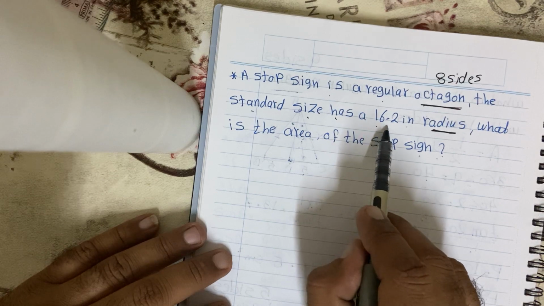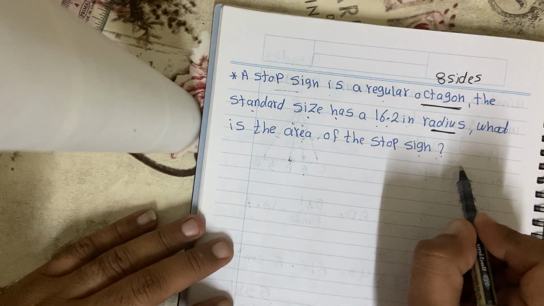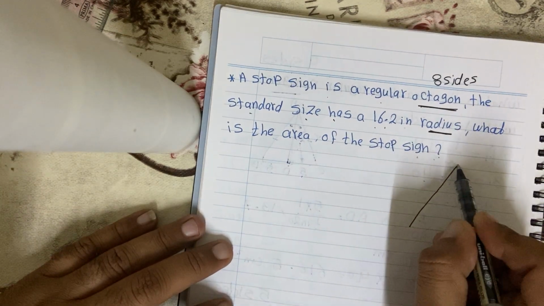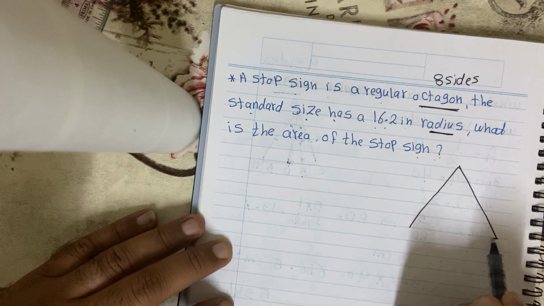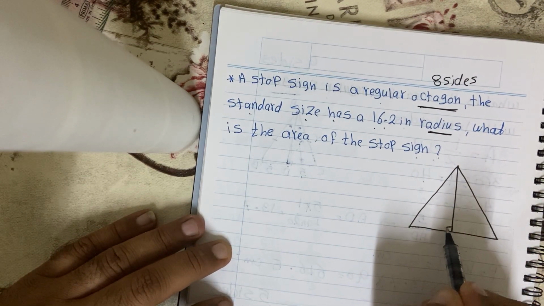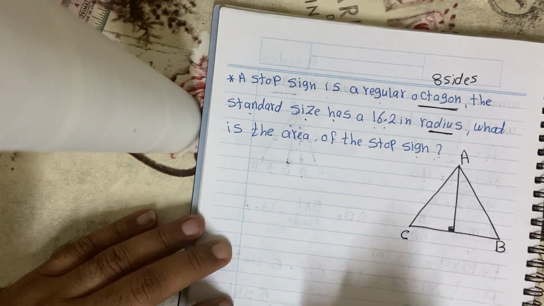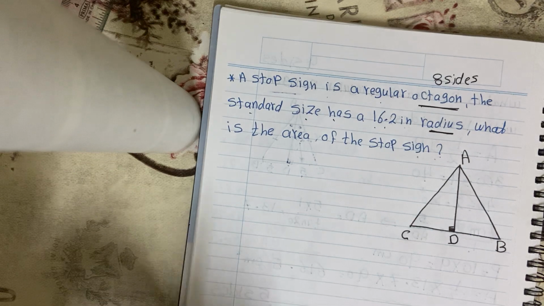So 16.2 is the radius. Now first, let's draw the same triangle. And here is the apothem. A, B, C, and this will be D.